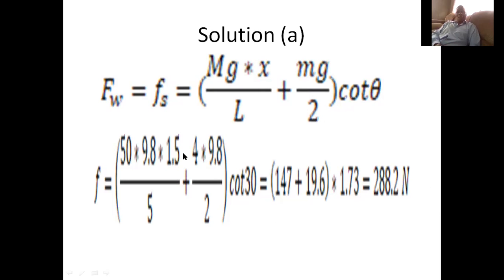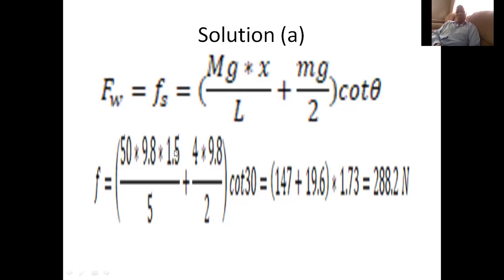So the first part, we are saying this object was placed at 1.5 and it gave us 288.2 newtons. Now, let's see if this object is moved up and these other parameters remain the same.